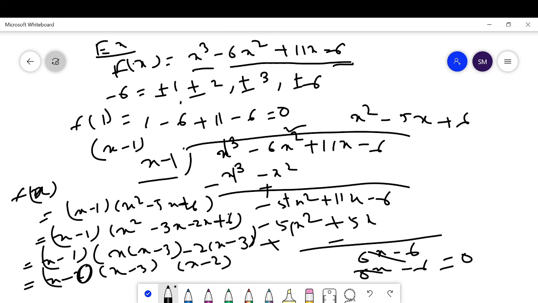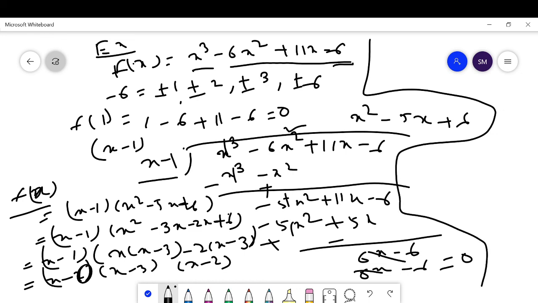When we completely factorize f(x), we get f(x) is equal to x minus 1 into x minus 2 into x minus 3. x minus 1 is a factor of f(x), x minus 2 is also a factor of f(x), and x minus 3 is also a factor of f(x).